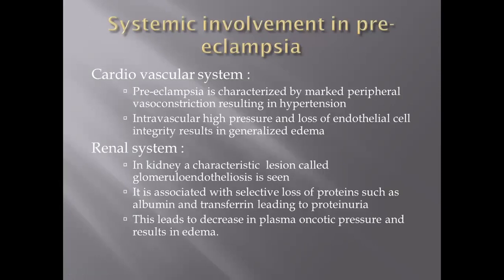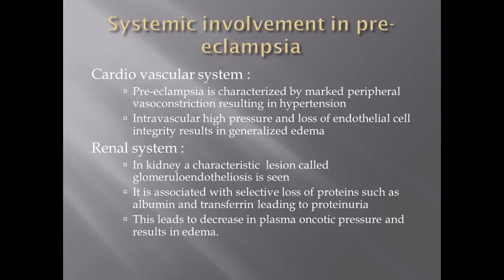Preeclampsia is a multi-system disorder causing problems in multiple systems of the mother. So the systemic involvement in preeclampsia is, first, the cardiovascular system. In normal pregnancy, there is peripheral vasodilation resulting in fall in total peripheral resistance and low blood pressure.